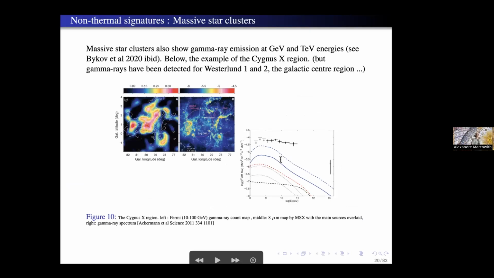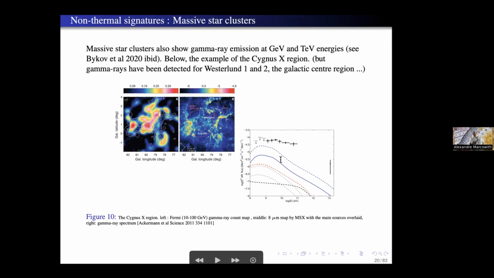A few words about other sources, massive star clusters. There is a growing number of massive star clusters observed in gamma rays. Here is an example of a very nice, very rich region, the Cygnus X region. You can see you have plenty of sources, especially Cygnus OB2, which is a very active massive star cluster.